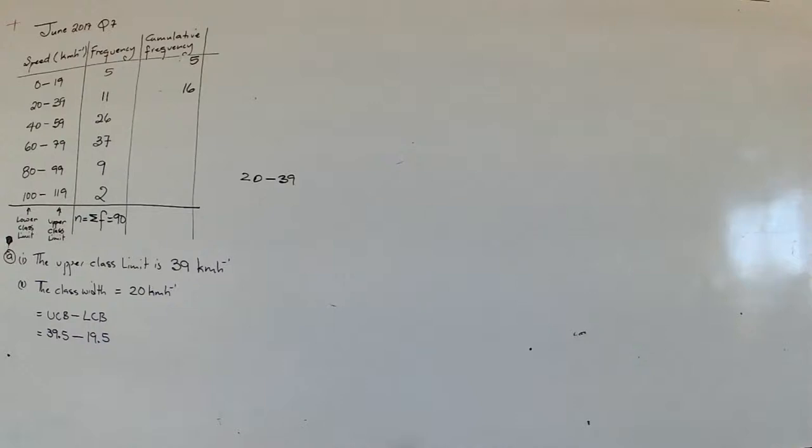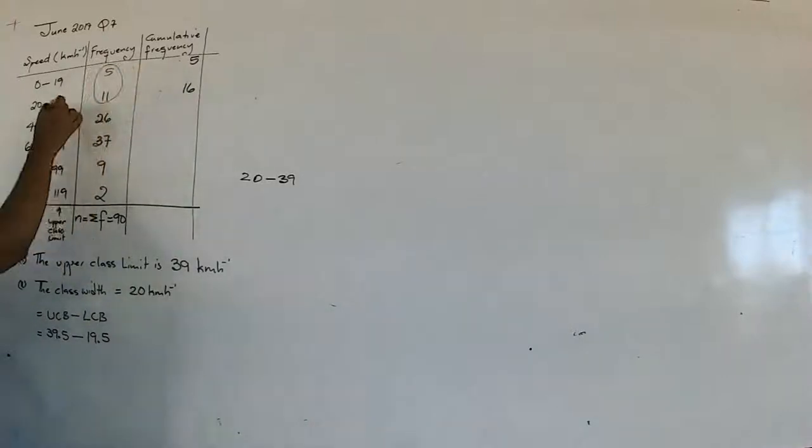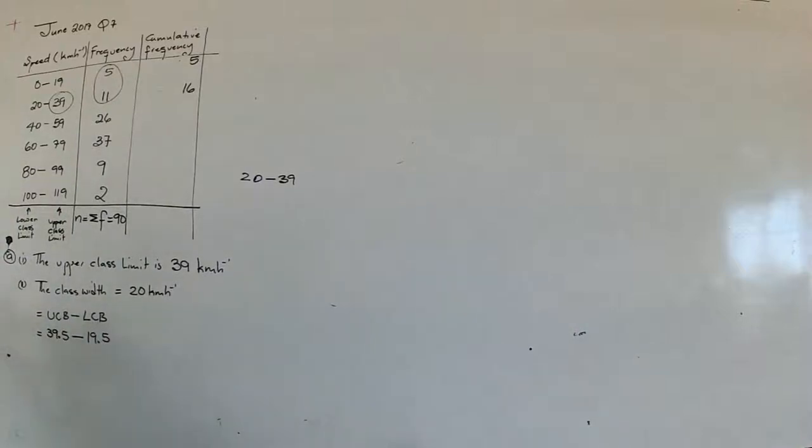The first 16 vehicles, what is the highest speed they have? These are the first 16 vehicles, and the highest speed they have is 39. So I would say 39.5, because 39.5 is the upper class boundary.